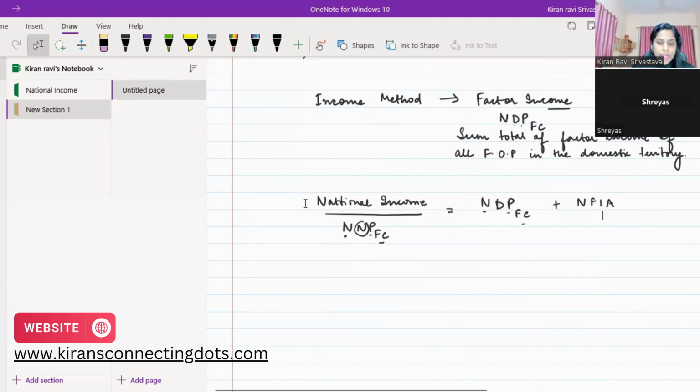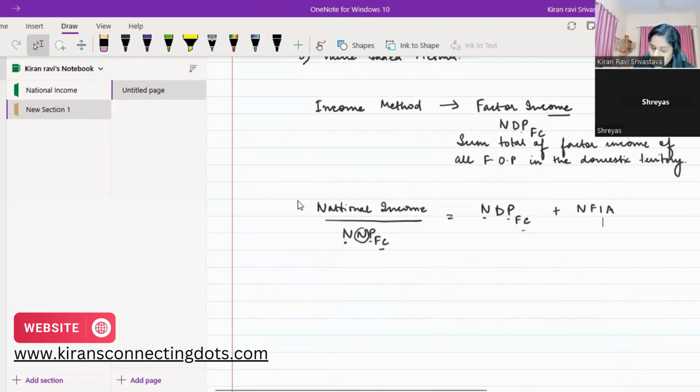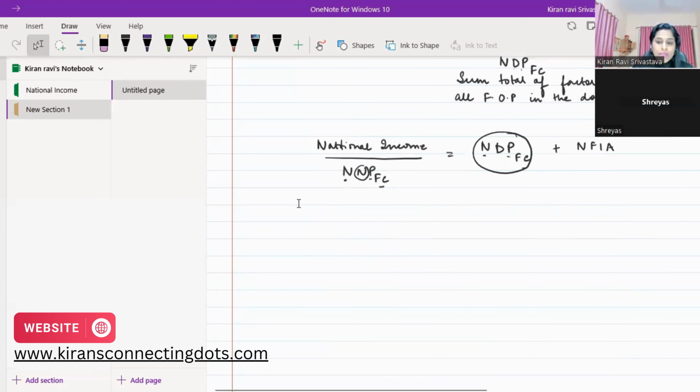Now, the question is how to find out NDPFC. By using the income method, I have made a short form. In the book, it is given in a very elongated version, but I have made it very short and crisp. I've put in some memory technique and you just need to remember that.